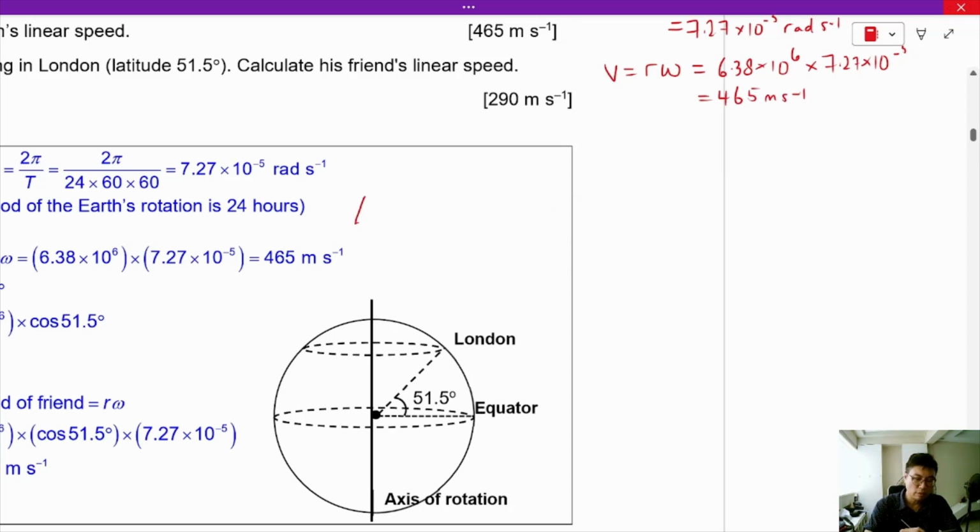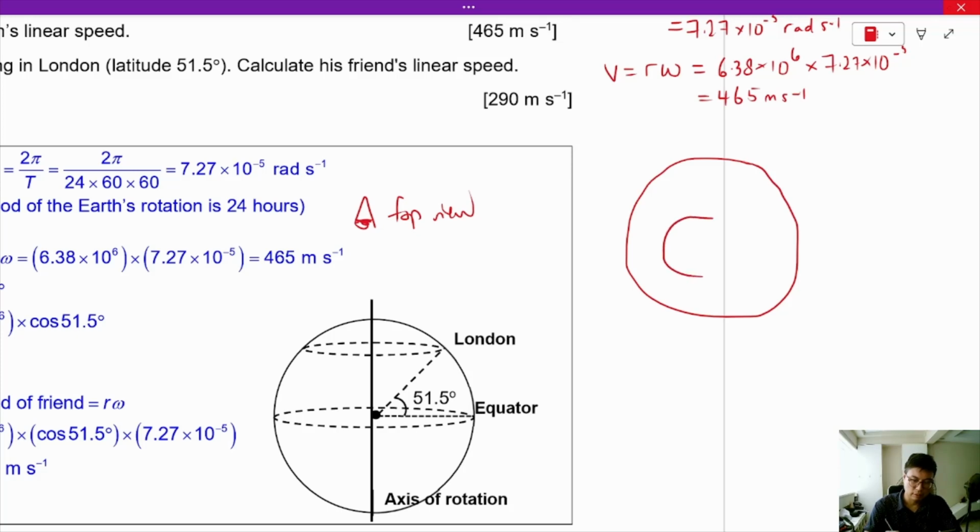Now, let's take a look from the North Pole. If I view it from the top view, then you can see that the North Pole is over here, and this is where London is. And this is where Singapore is. Of course, Singapore is not at the same place as London.